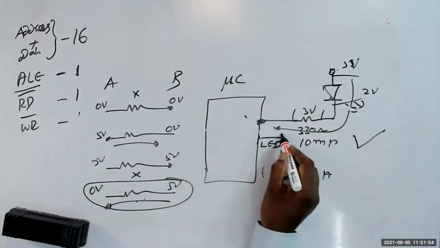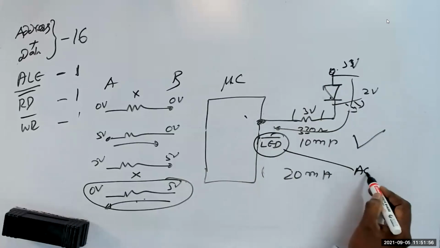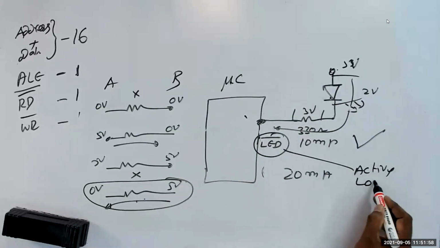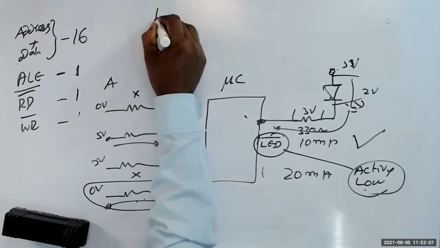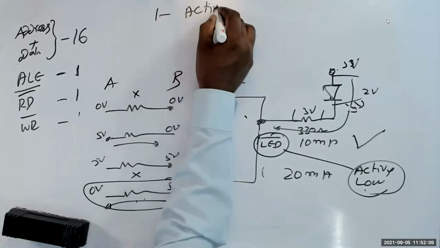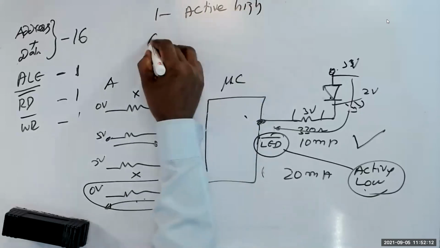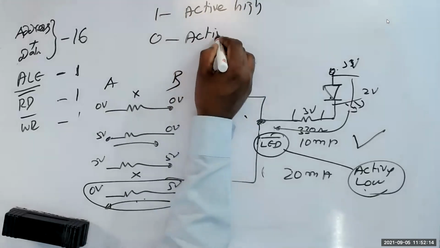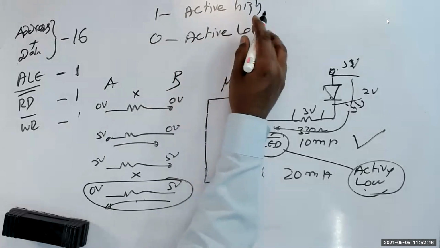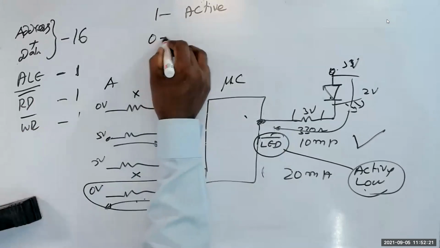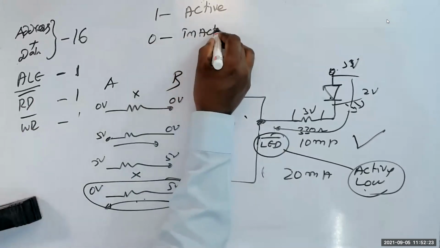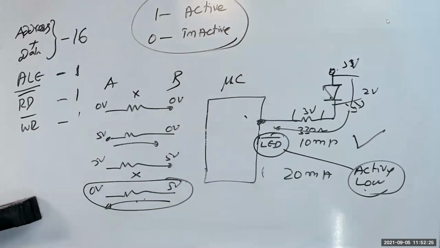This is called active low. This has to be explained here because generally we think that 1 is active high, and 0 is inactive. That is our general assumption.